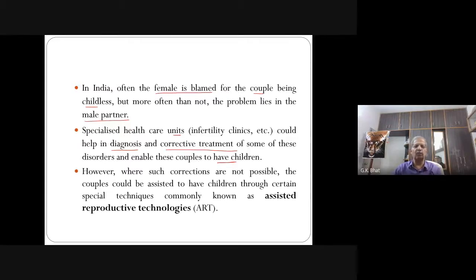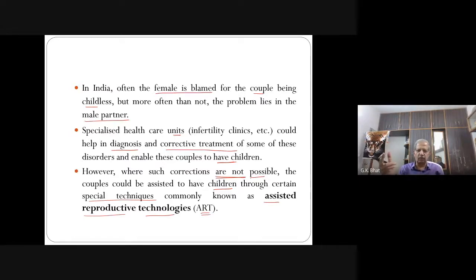Of course, there are some treatments. It depends upon what type of problem the couple faces. However, where such corrections are not possible, if it is not at all possible to get it repaired, the couples could be assisted to have children through certain special techniques, commonly known as assisted reproductive technologies, what is called ART.